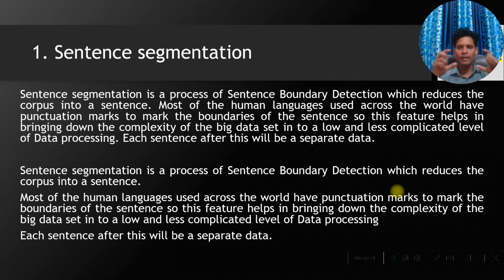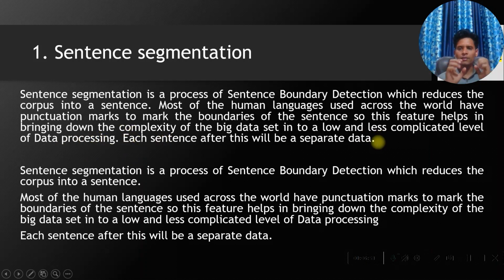Like we have a paragraph, sentence segmentation is a process of sentence boundary detection which reduces the corpus into sentences. This entire first paragraph is one paragraph, and we will divide it into different sentences. The very first sentence is sentence segmentation, then second, the move from human language to data processing, and then third, each sentence as separate data.